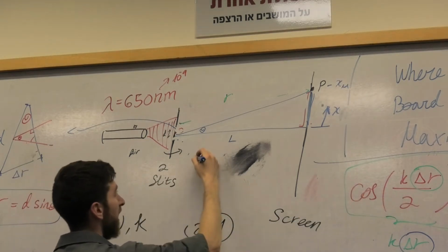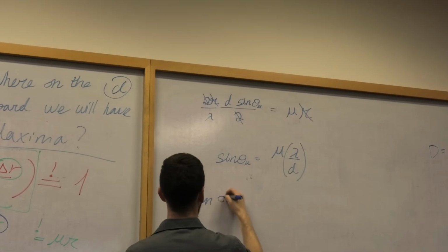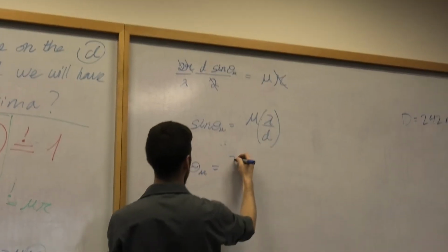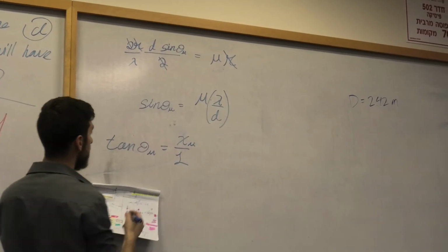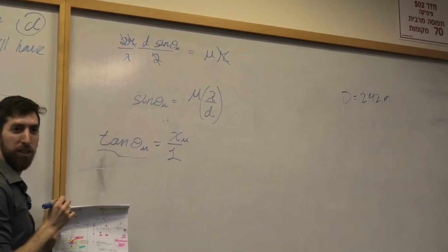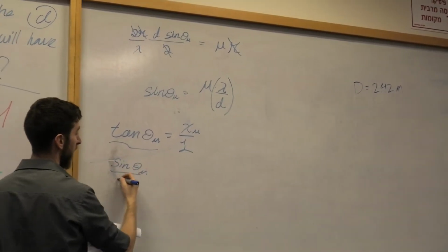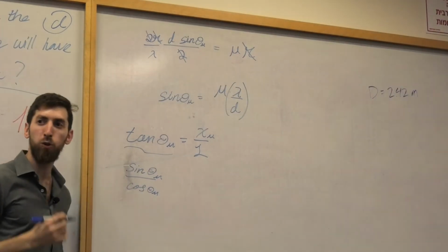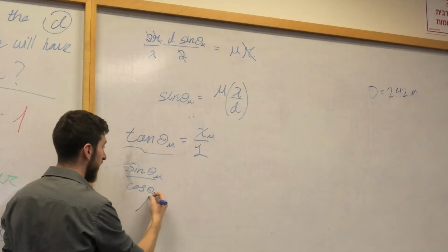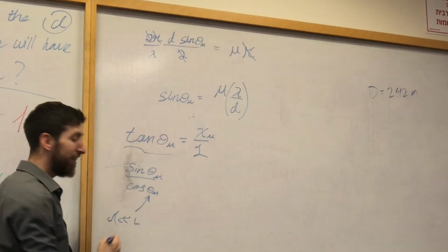So if we take the tangent of theta m, it's equal to xm divided by L. But I want you to remember, what is tangent actually? The definition is sine theta m divided by cosine theta m, right? And if we're talking about really small angles, which is the case because L is much larger than d, okay?